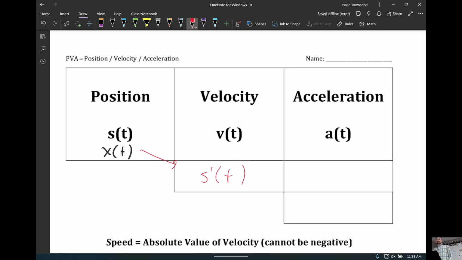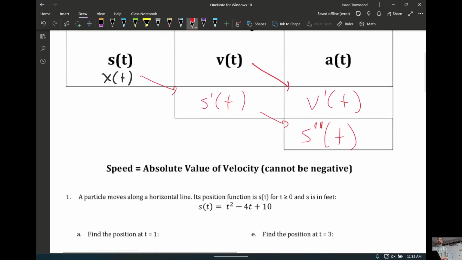And then, if you take the derivative of velocity, how fast velocity changes at an instant, that tells you something about acceleration. Or you could take the second derivative of position to get acceleration. So taking the derivative of position gives you velocity, taking the derivative of velocity gives you acceleration. That's the part that you need to know.